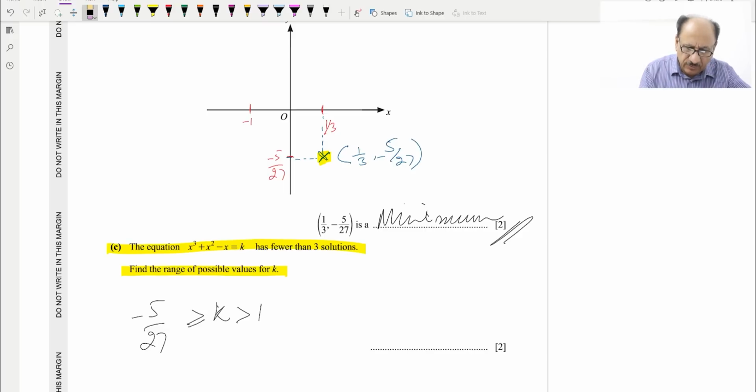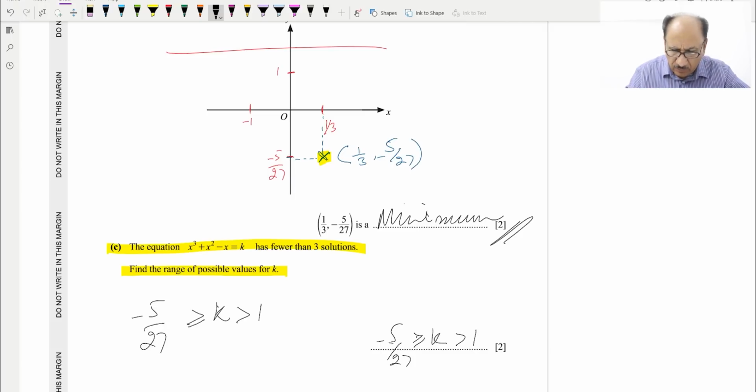And if we are drawing k greater than 1, for example 1 is over here, so we can take 1 over here, so greater than 1 will also be only 1, fewer than 3 solutions basically. So our answer would be less than or equal to minus 5/27, and this will be greater than 1.